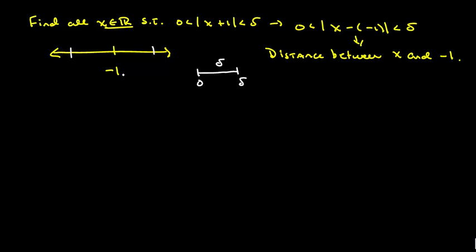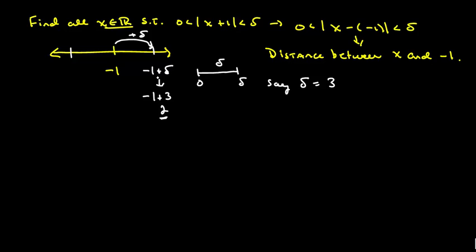If I take negative 1 and add delta, that will put me over here at negative 1 plus delta. It's easier if you look at this with numbers. Let's say delta was equal to 3. Then this would be negative 1 plus 3, which would be positive 2. That makes sense, because if you move this way 3, you'd end up at positive 2.